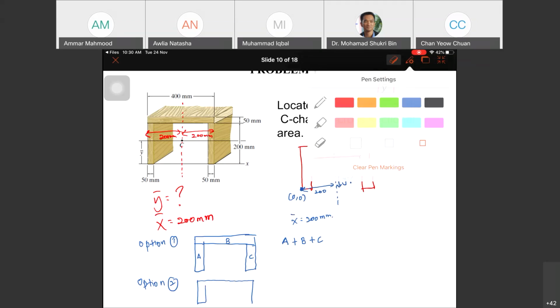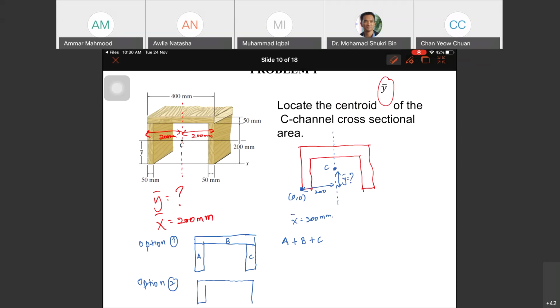Let's say we have the whole rectangle, A, you minus the small rectangle B. So you will get the same.